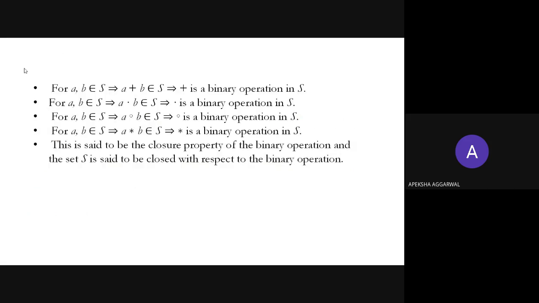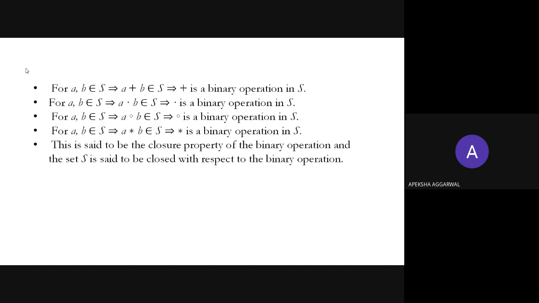For example, A plus B, if A and B both belong to set S and A plus B belongs to S, we will say plus is a binary operation and so on. This is also called the closure property of a binary operation, and set S is said to be closed with respect to this binary operation.